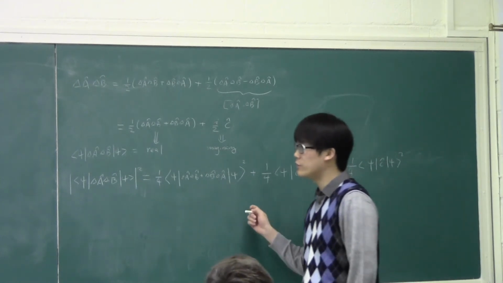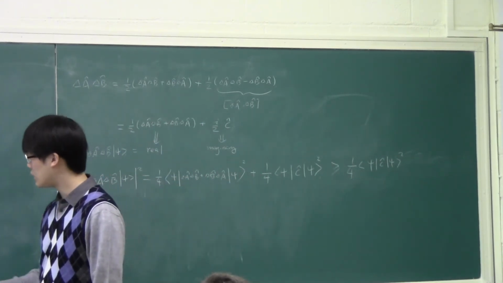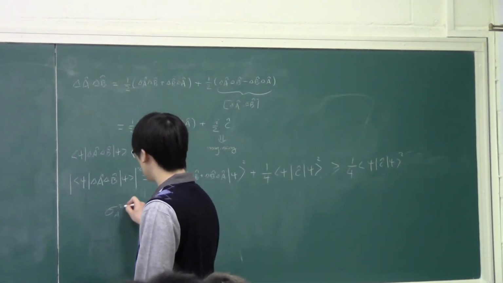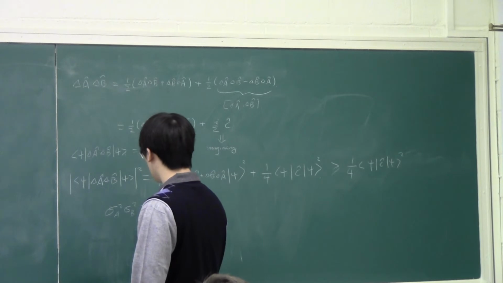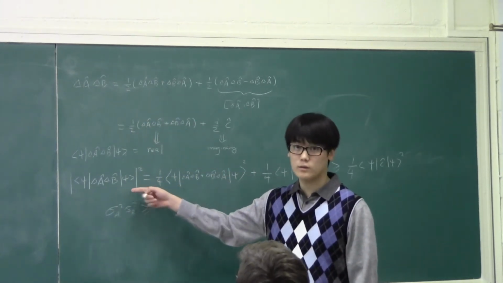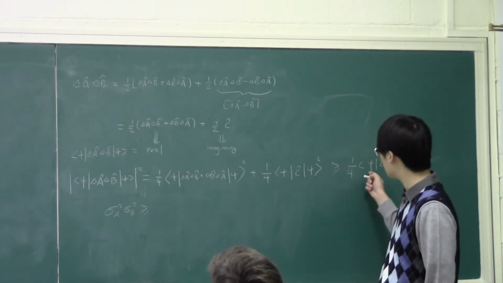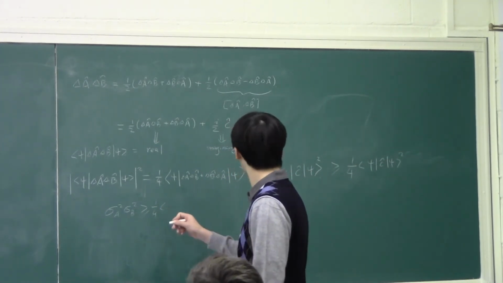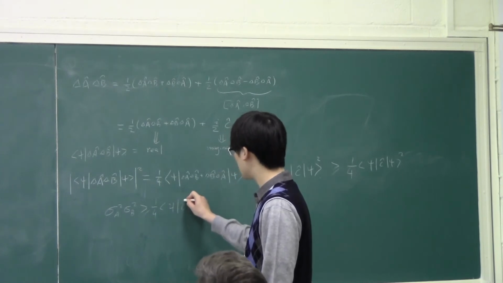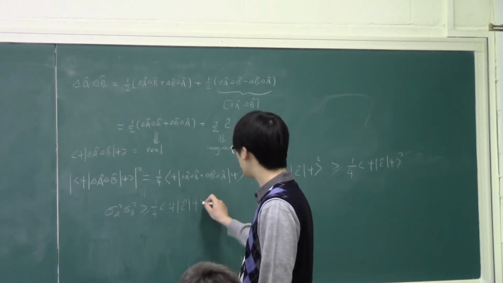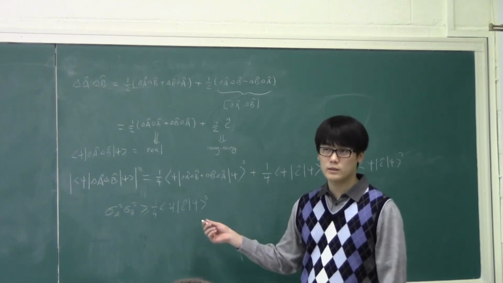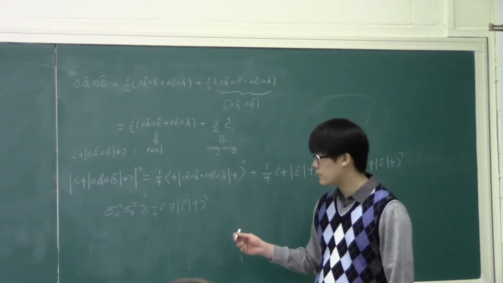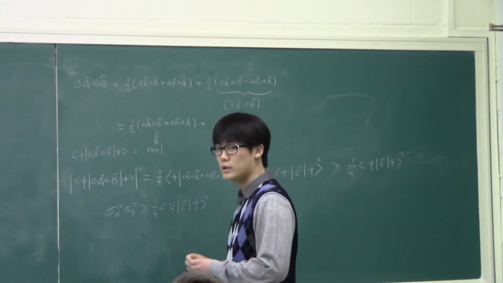Now if we further relate this to the Schwarz inequality, we get that the lower bound is greater or equal to this value, which is further greater or equal to just 1/4 of the expectation value of the commutator squared. Now because the state that we have chosen is arbitrary, in the final form we don't want to leave this arbitrariness.